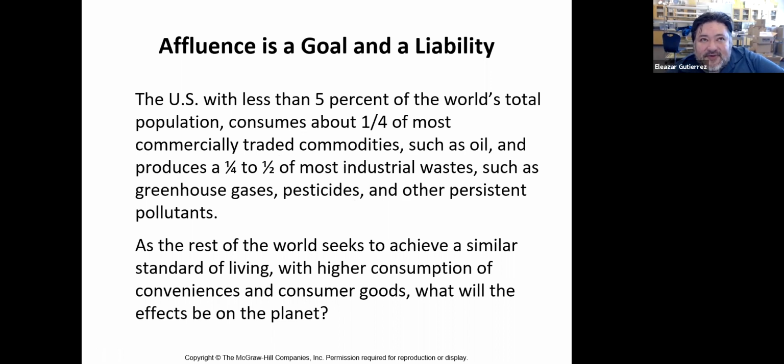We have about 320 million people in the United States, 5% of the world's population. And we are so entitled. We're so entitled that we consume 25% of the world's commodities and produce between 25 and a half of the waste of the world.